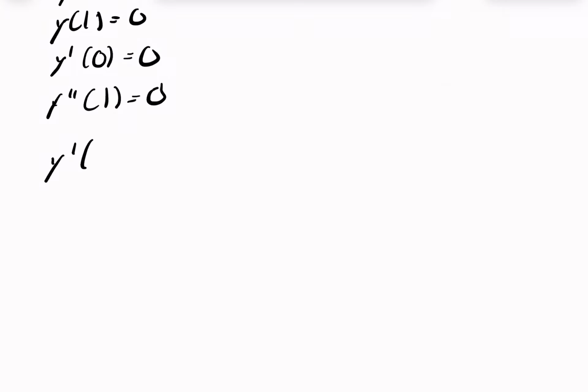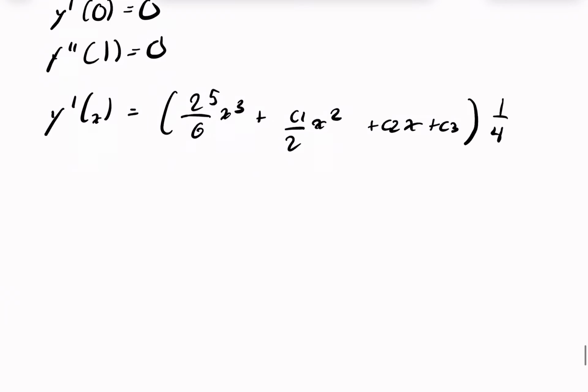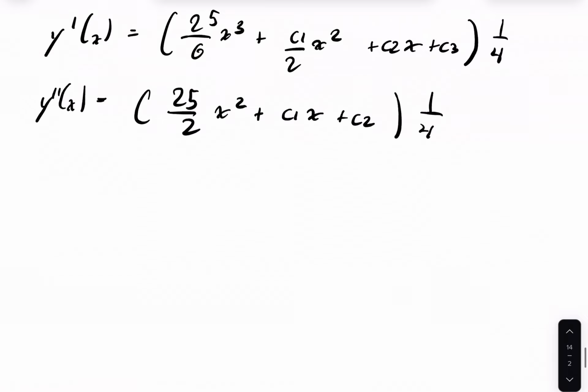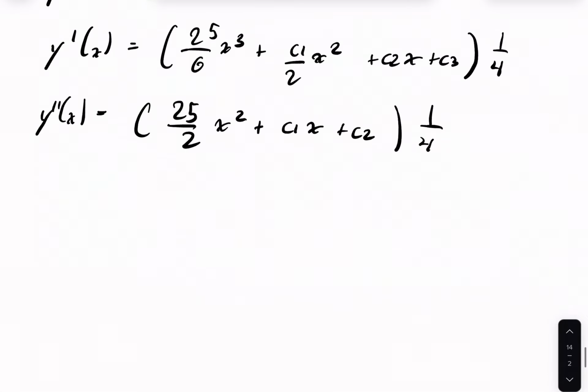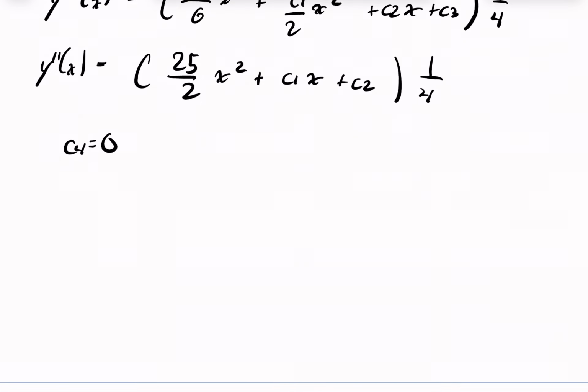So taking the first derivative, you could use software for this. 25/6 x³ plus c1/2 x² plus c2x plus c3, times 1/4. y double prime at x equals 25/2 x² plus c1x plus c2, times 1/4. So we use our initial conditions and we'll get c4 equals 0. And you'll then get, so that's for the first one.